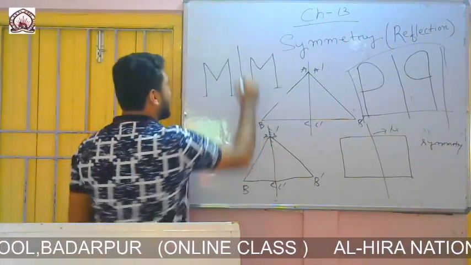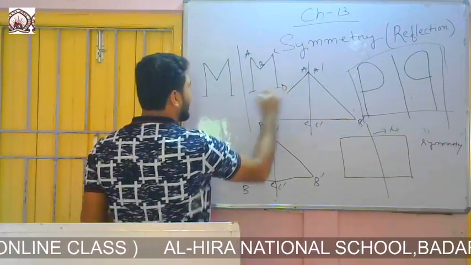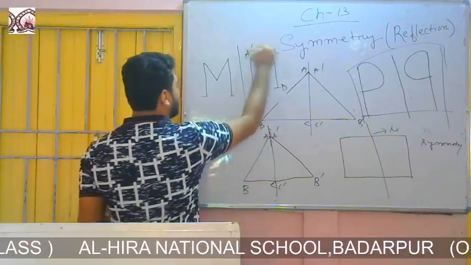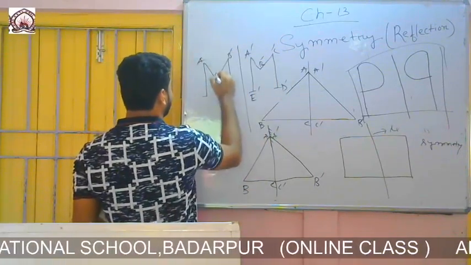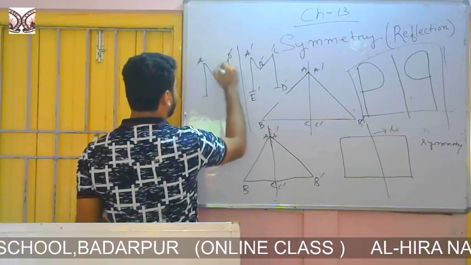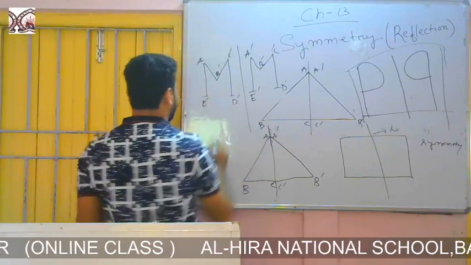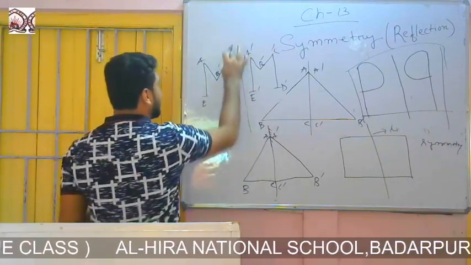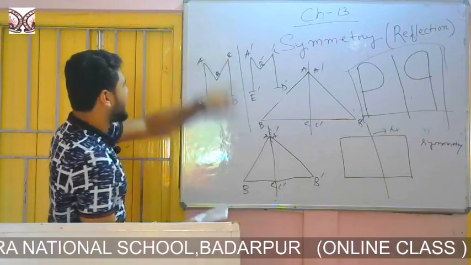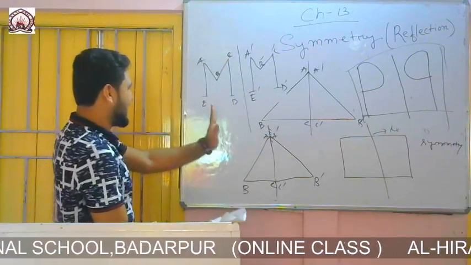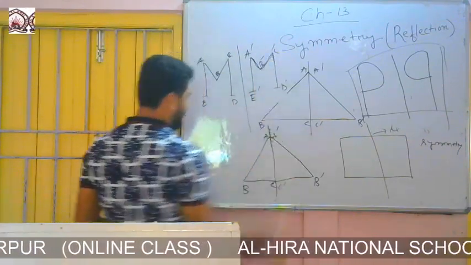That means in reflection also we'll get the same. If A, B, C, D, E is an M, then after reflection we'll get the same.